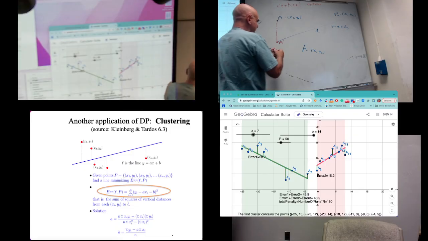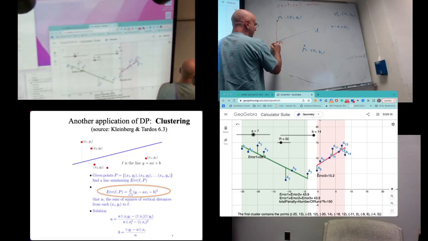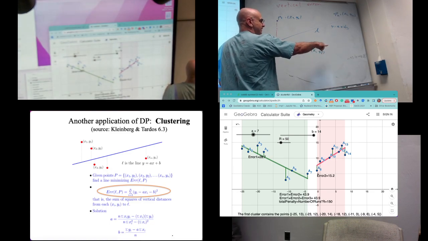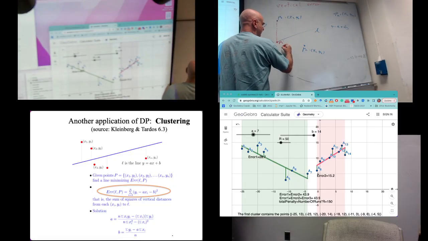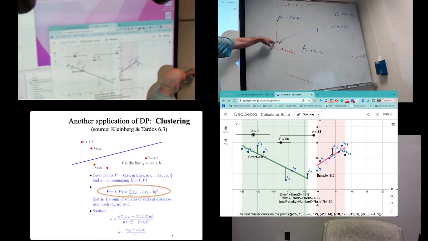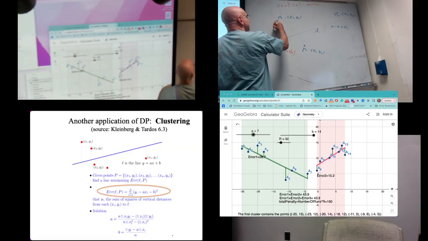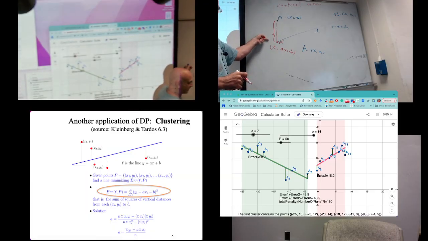The coordinates of this point would be, since it's vertically below, no change in x, so it's x1. And if I put x1 inside this formula, y will be ax1 plus b. That's the coordinate of this point. What is this distance, or at least the absolute value of this distance?